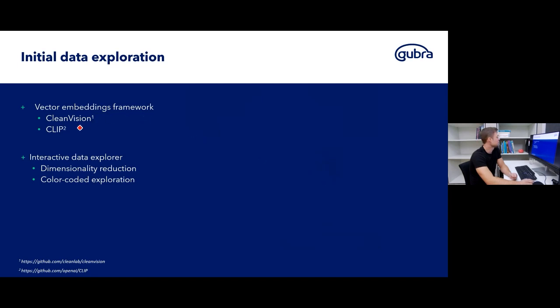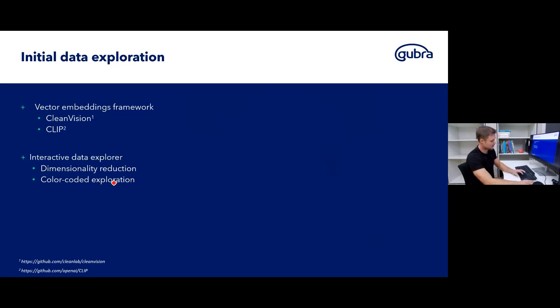The other framework we use is CLIP, a model trained by OpenAI, and that's a text-image model that was built by taking 400 million images off the internet and pairing them with their text descriptions. Using the CLIP model to embed our images is a convenient way to go from an image space into a vector space. And when we're in this vector space, we can do some dimensionality reduction to explore further. This we color code in different ways, and I will show an example.